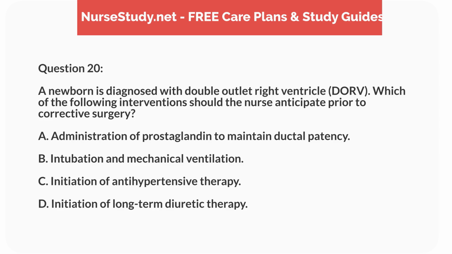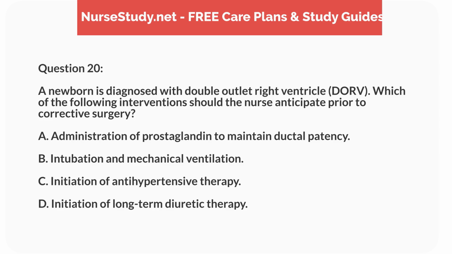Question 20. A newborn is diagnosed with double outlet right ventricle. Which of the following interventions should the nurse anticipate prior to corrective surgery? A. Administration of prostaglandin to maintain ductal patency. B. Intubation and mechanical ventilation. C. Initiation of antihypertensive therapy.